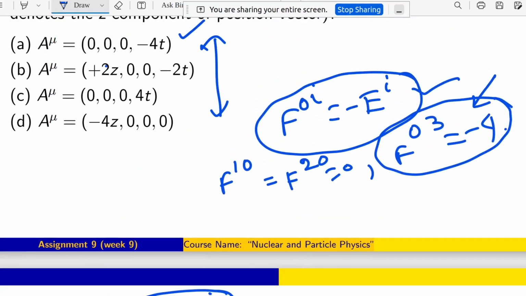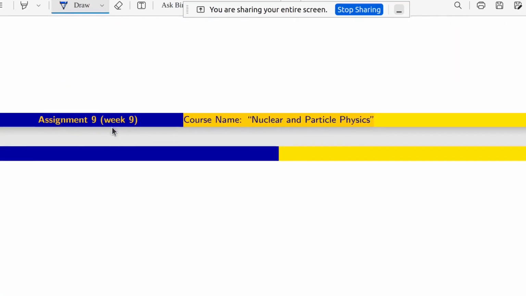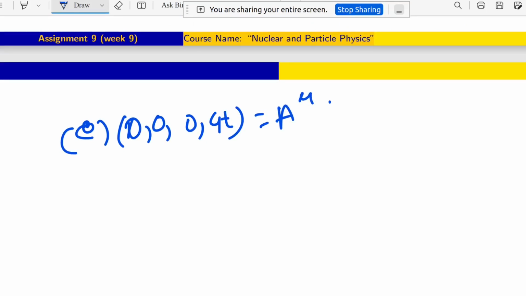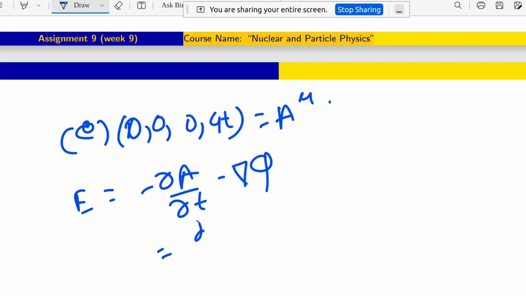Okay. Now coming to C. C is 0, 0, 0, 4t. It is A mu. So again we are just going to write here minus del A del T minus grad phi. So del T of 4t minus 0.